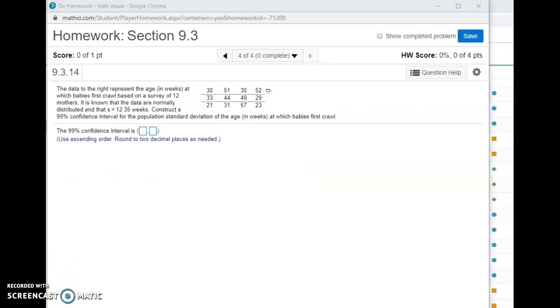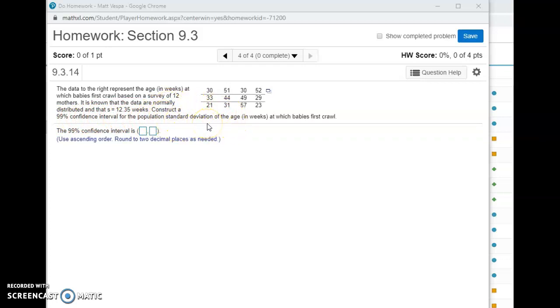The final parameter that we discussed that we're working on estimating is the standard deviation. And again, these things typically jump out at us if we read carefully, but it's important come quiz time and test time, when I don't necessarily know I'm working on a problem from 9.3, that as I read here, it asks me to construct a 99% confidence interval for the population standard deviation. So we're trying to estimate sigma.